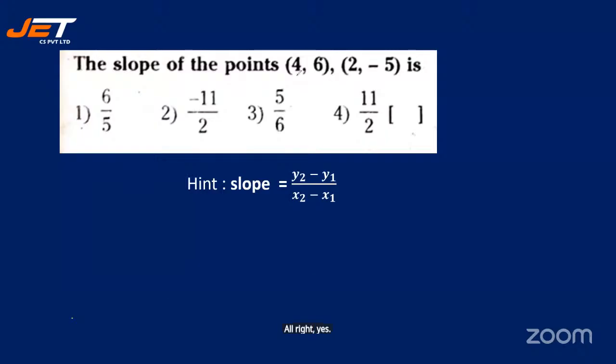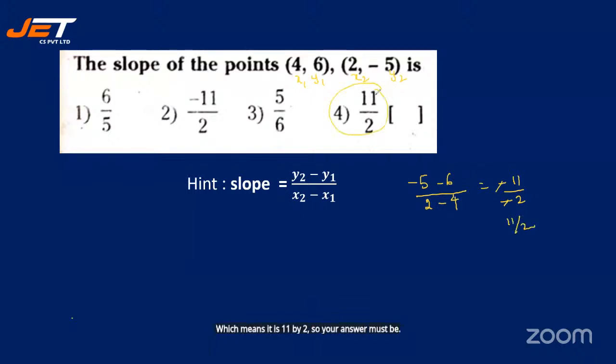Now see here, this is x1, this is y1, this is x2, y2. So y2 is minus 5, minus y1 is minus 6. x2 is 2, minus x1 is 4. So this becomes minus 11 by minus 2, which means it is 11 by 2. So your answer must be option 4. Right? Let's see the answer.